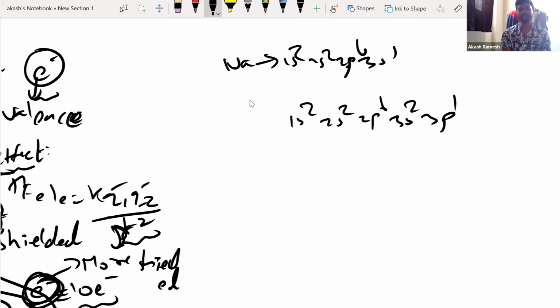What is the number? 10 plus 3, 13. 13 is phosphorus, something. But the number of shielding electrons is not the same. I want to take a case where the number of shielding electrons is similar.